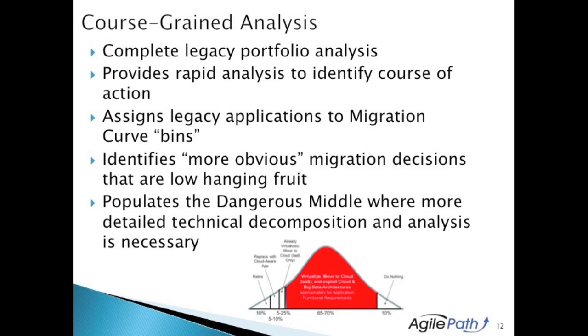But the idea is that you can get the coarse-grained questions right. You can do a very rapid overall portfolio analysis, profile the portfolio, categorize the candidates in the portfolio, and then the ones where you can make the decision right away, where it's fairly obvious, you should immediately begin the migration and modernization efforts around those, because all that, again, has a direct bearing on how quickly you can accumulate savings to the bottom line. Agreed.